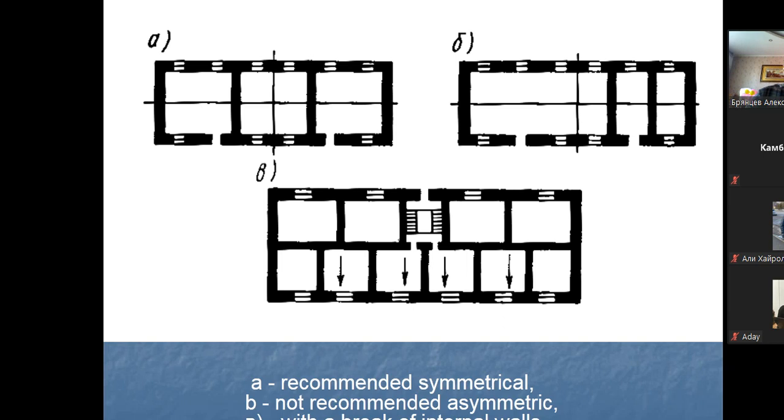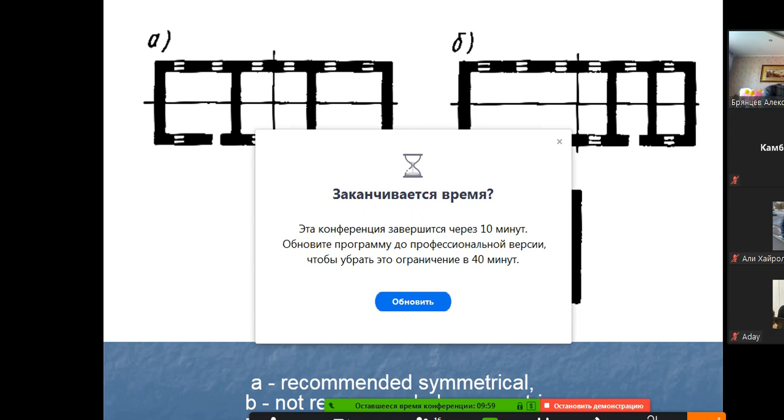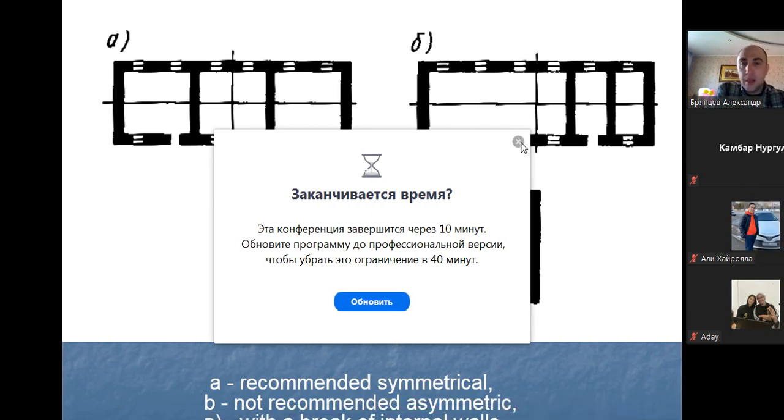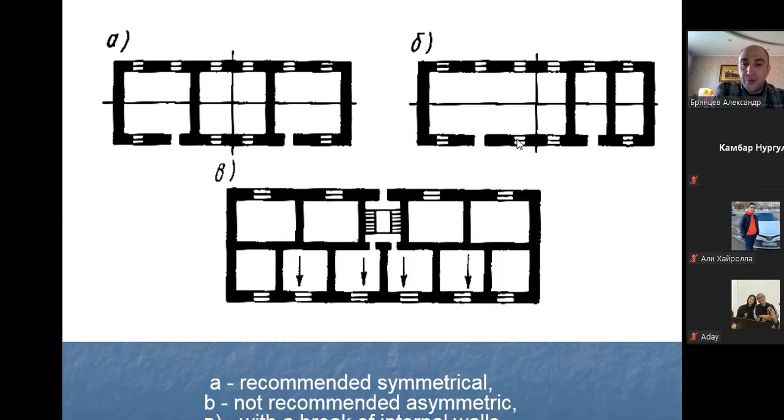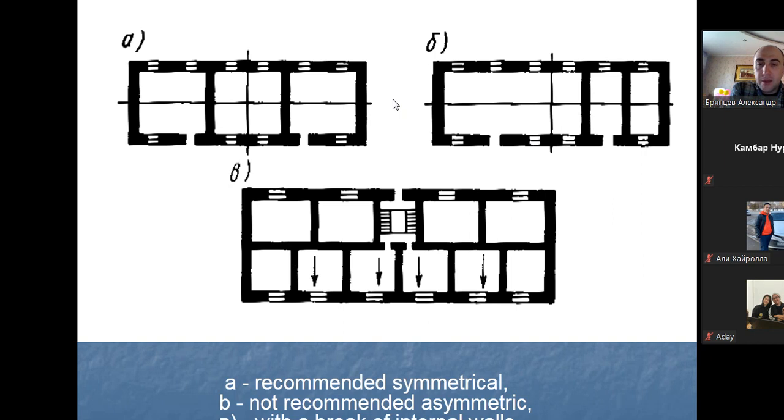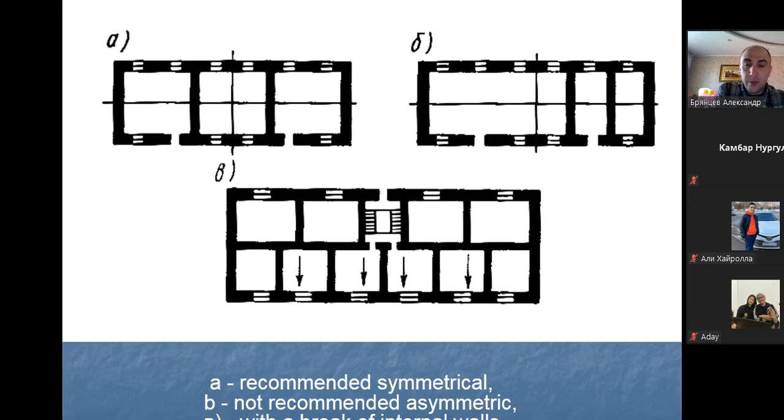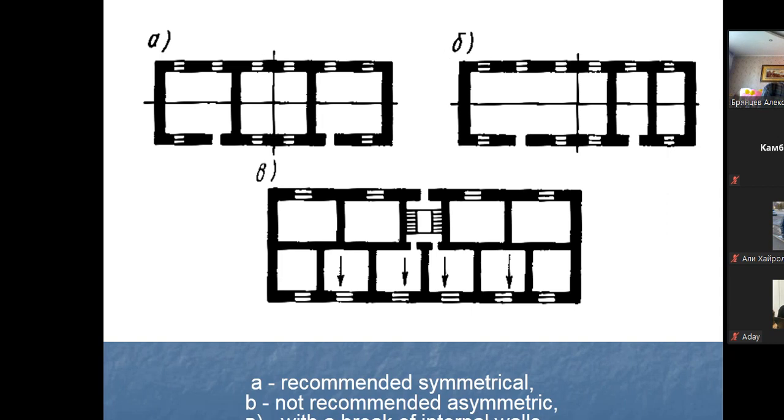We know them: rectangular, square, circular, and sometimes combinations of these types. What do we see? A. A symmetrical system is recommended for construction in seismic areas. B. An asymmetric type of system is not recommended.